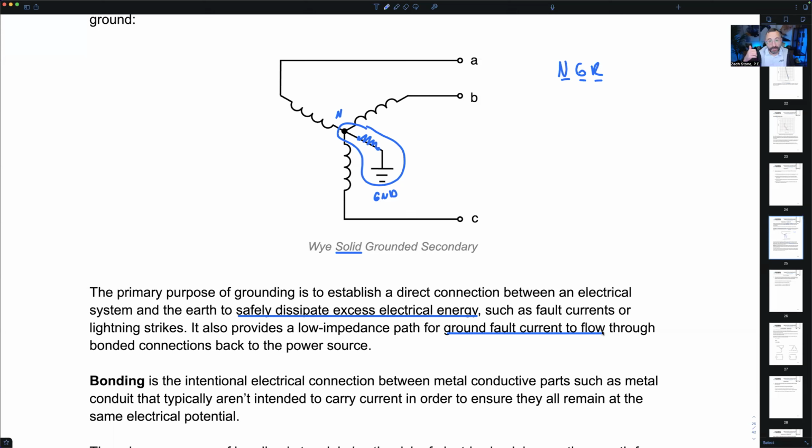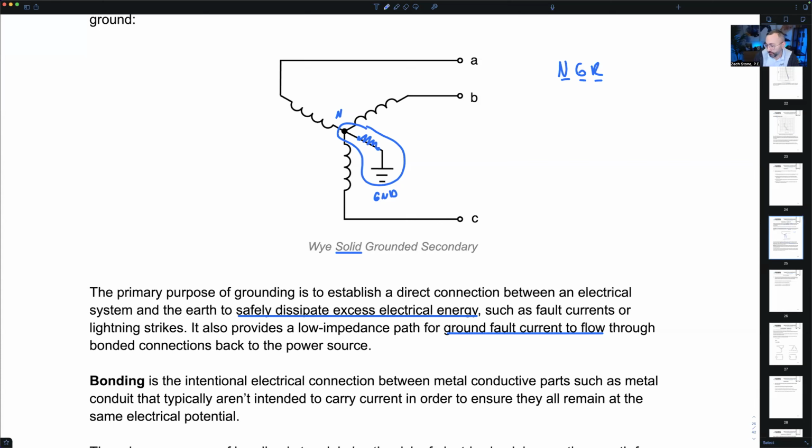The system remains energized even with a ground fault. So if we want to detect ground faults, then we need to provide a closed loop, a continuous circuit, so that they can flow. Otherwise, if it's ungrounded, then technically I have an open circuit to ground, and even with a ground fault, there's no ground fault current.